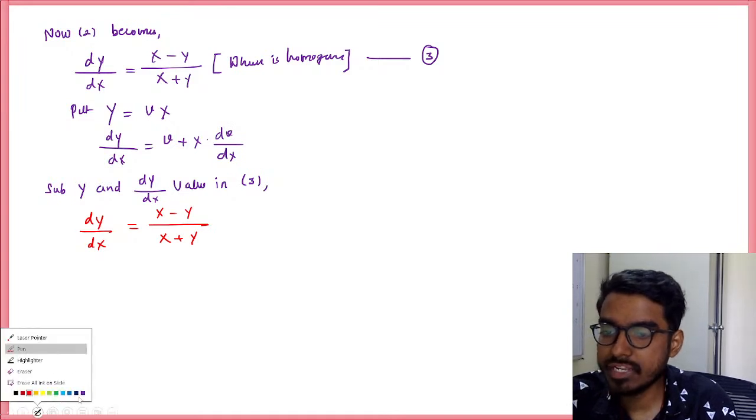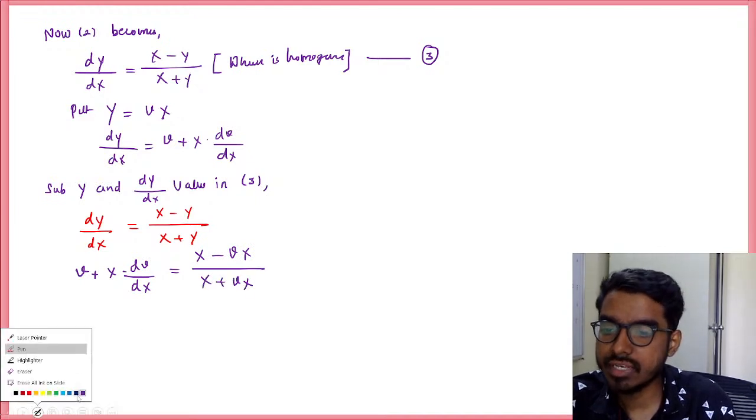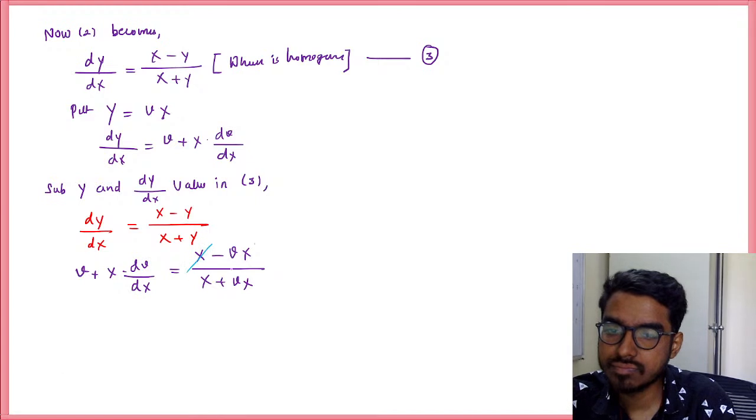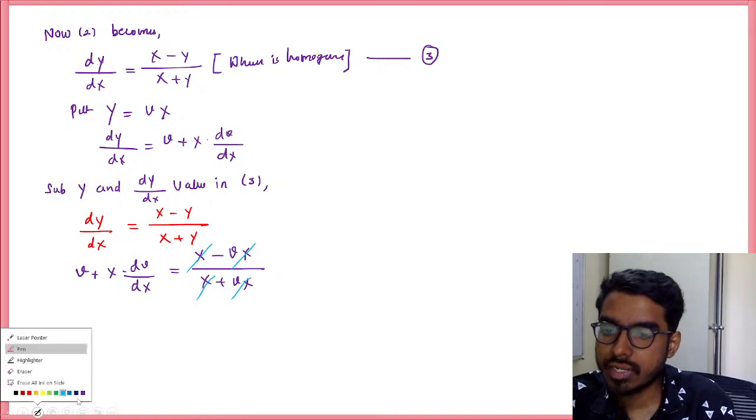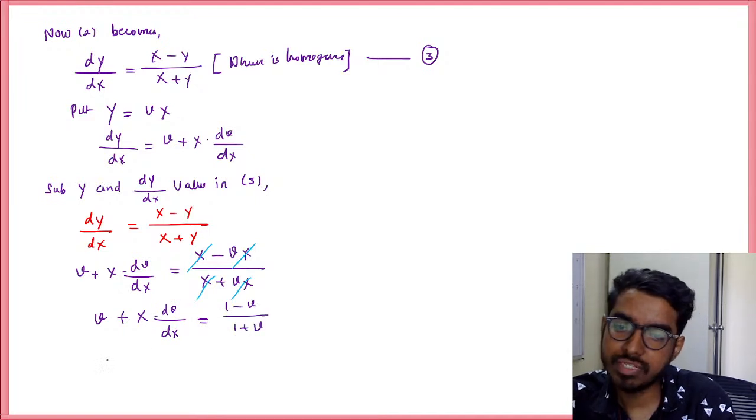So dY by dX is v plus X into dv by dX and Y is vX. So this X will get cancelled. And so we will have v plus X into dv by dX is equal to 1 minus v by 1 plus v. So v minus (1 minus v) by (1 plus v) is equal to minus X into dv by dX.